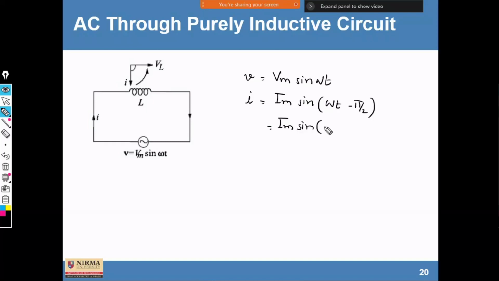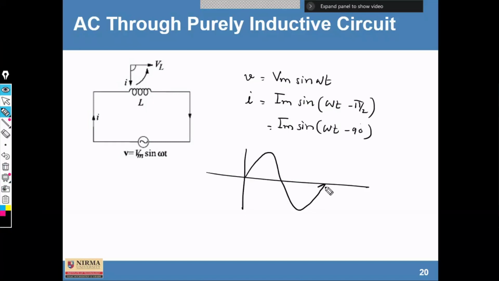And we plotted the different graphs also. So this is your voltage waveform with respect to time, v equals Vm sin omega t.